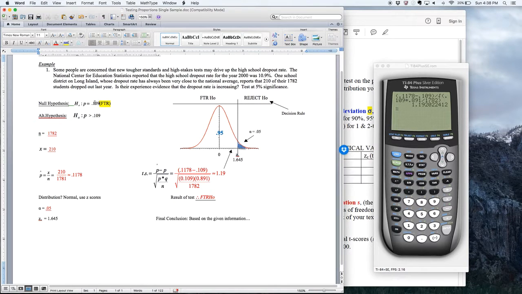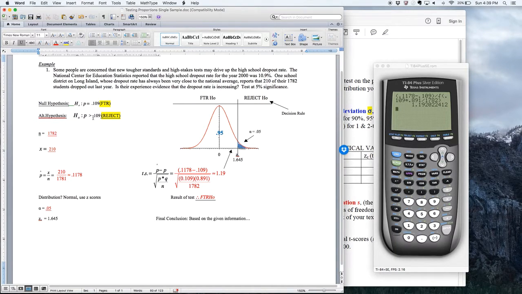I am not rejecting this claim. So if you're not rejecting this claim, then the one underneath it, obviously you've got to say the opposite. We are rejecting the alternative hypothesis. So let me highlight that as well. If you're wondering why I'm writing this here, it's going to help me organize my thoughts because I want to come up with some kind of conclusion right now. Because the question asks me, is there evidence that the dropout rate is increasing?